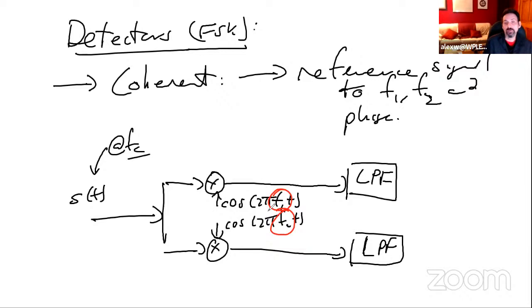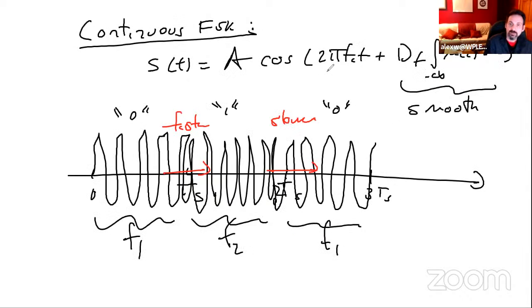You're taking that signal. So let's go back. You still have this guy here. This is kind of pesky, because you're still operating at FC. So you can't use a low pass filter. You're going to have to use a band pass filter to extract whatever's at FC.